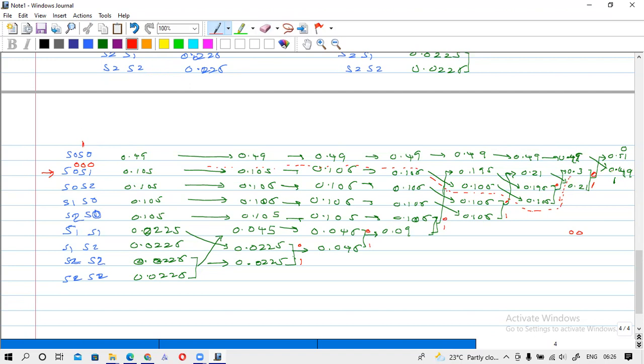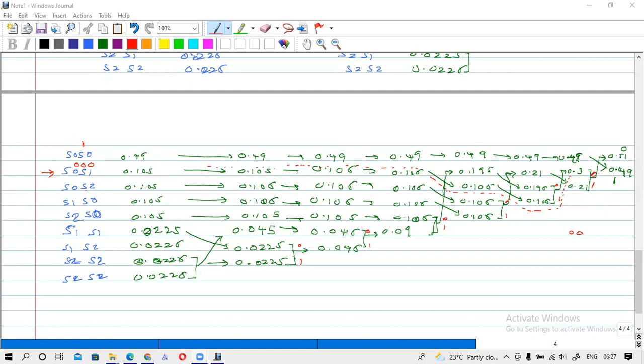So let's follow a path from this side. Mistake. Okay, 0, 0, 0.